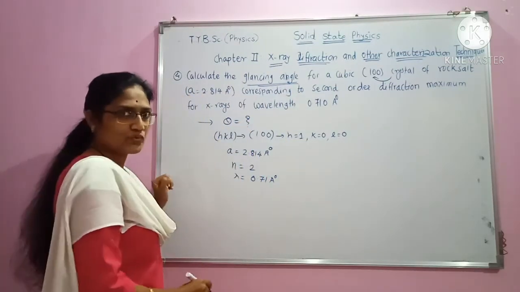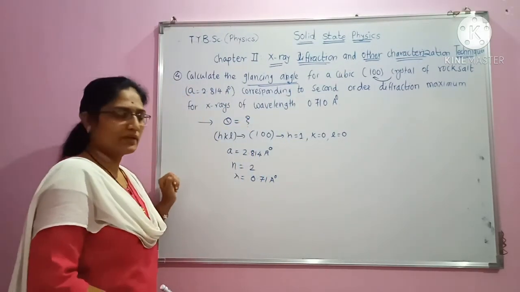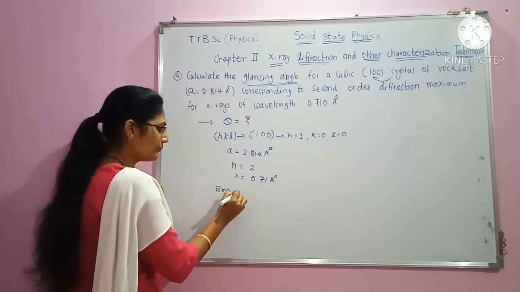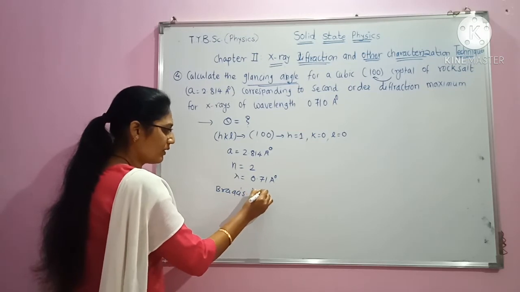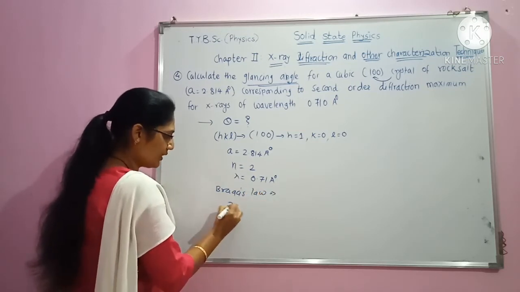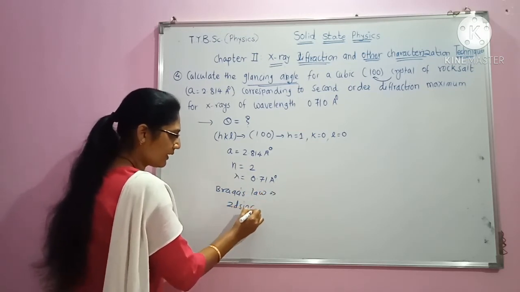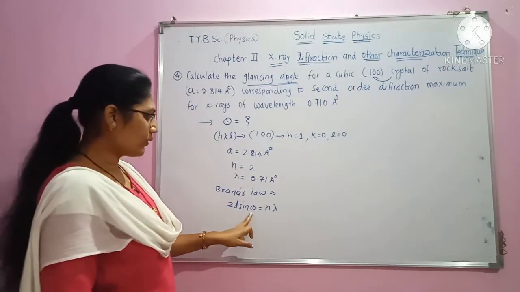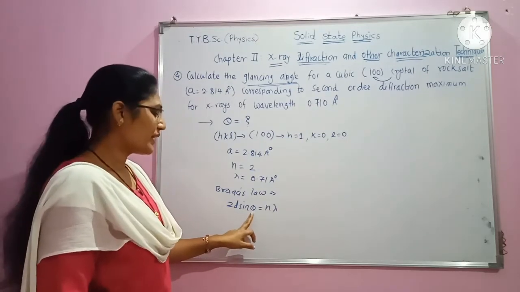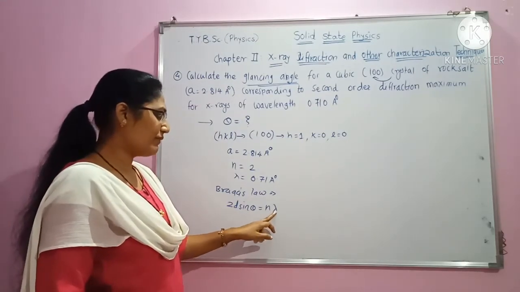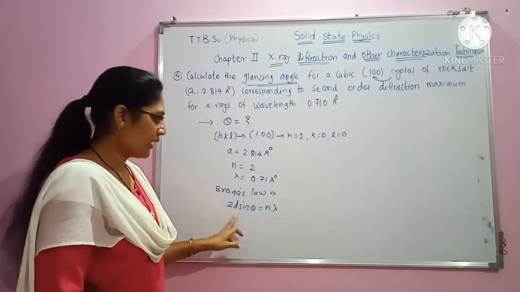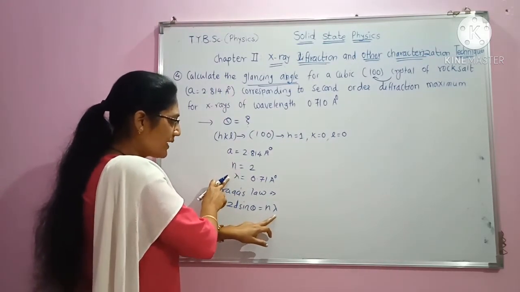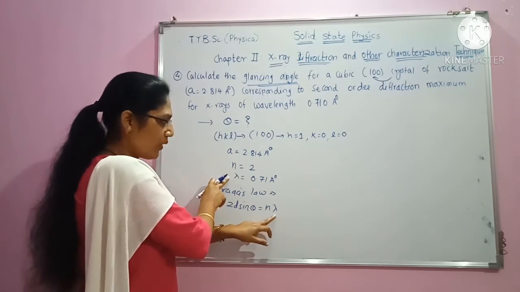We know that there is one formula in which this theta lies, that is Bragg's law. From Bragg's law we know that 2d sine theta is equal to n lambda. We have to calculate the value of theta. It means that one should know the value of n, value of lambda and value of d. But here n is given as 2, lambda is given as 0.710 angstrom.